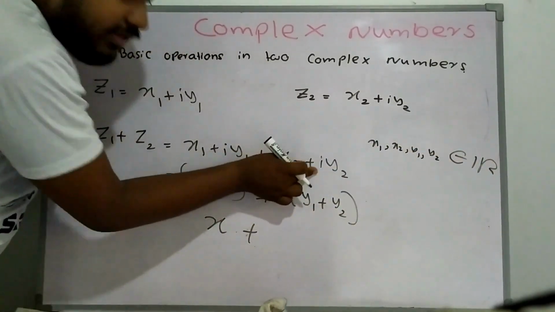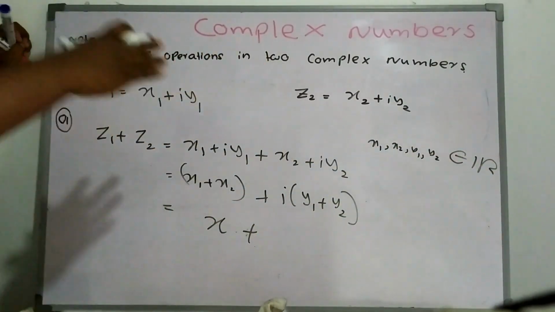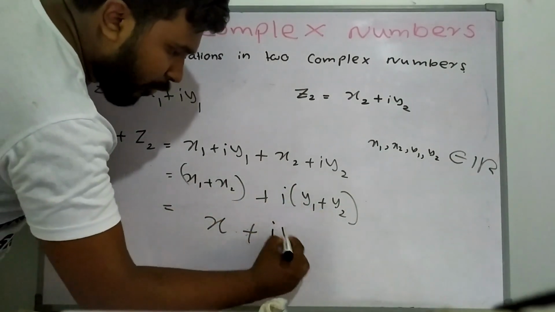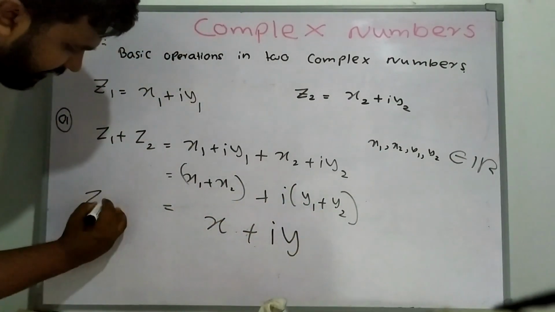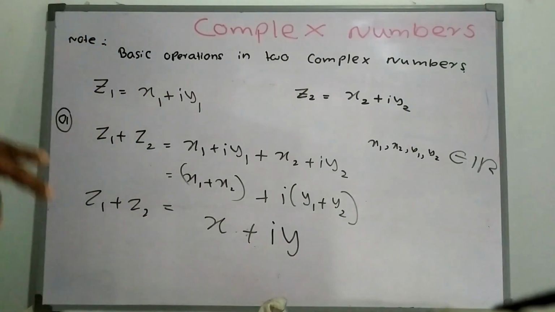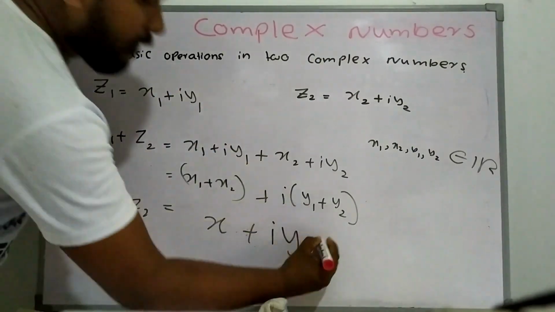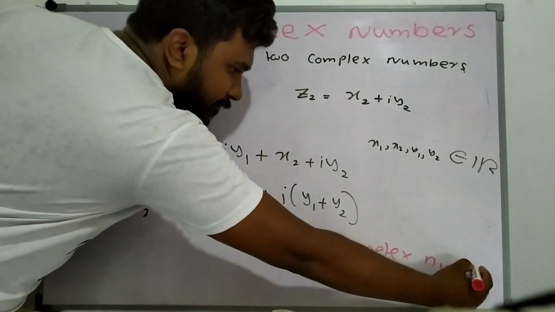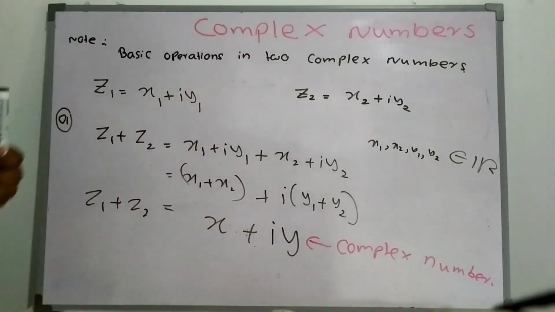The i is the only imaginary part. Here z1 plus z2 again gives another complex number. So if you are adding two complex numbers, the answer is another complex number.